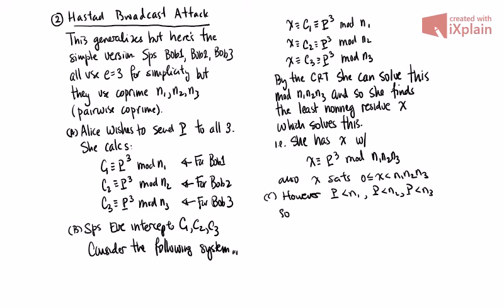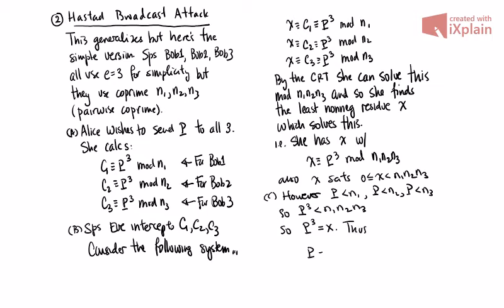So the cube is less than N1, N2, N3. What this means, in fact, is that P cubed is actually equal to x. They're not just equivalent mod N1, N2, N3, because x is between 0 and N1, N2, N3, and P cubed is between 0 and N1, N2, N3. So P cubed and x are exactly the same thing.